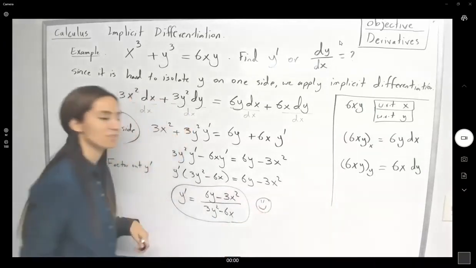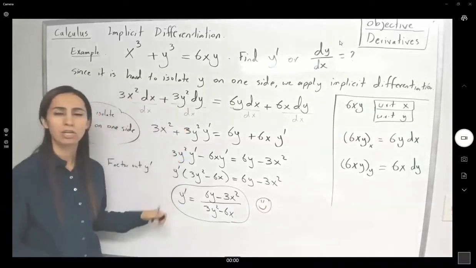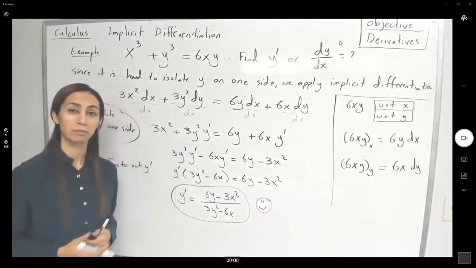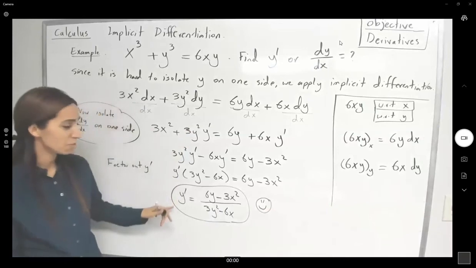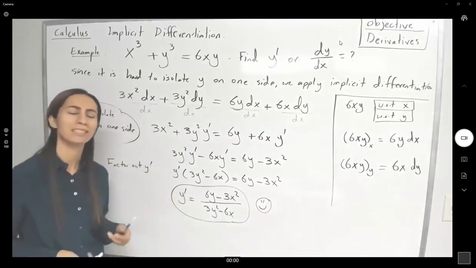This is the derivative of the function. At each point, you get a rate of change. It might be positive, it might be negative, it might be 0, depending on the behavior of the surface or the object in this case.